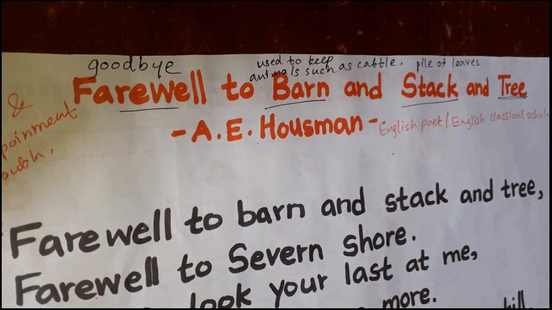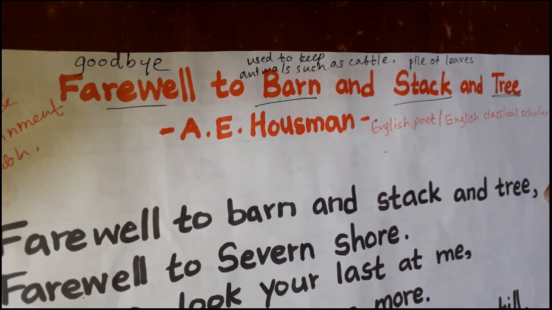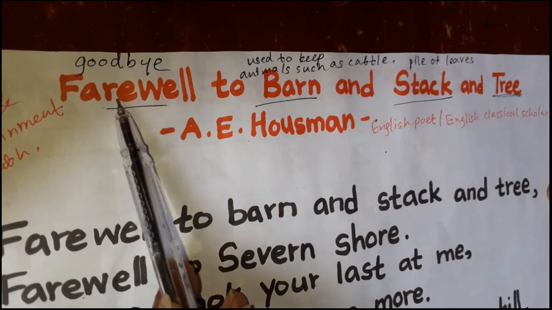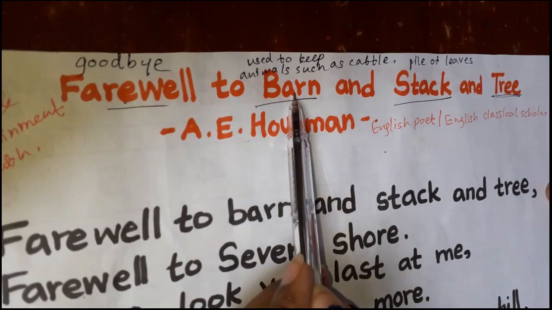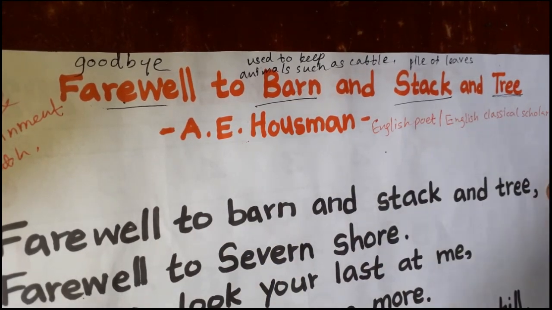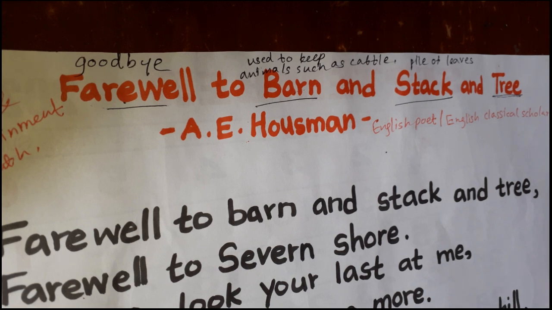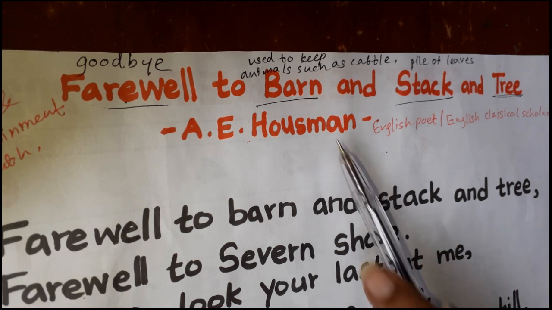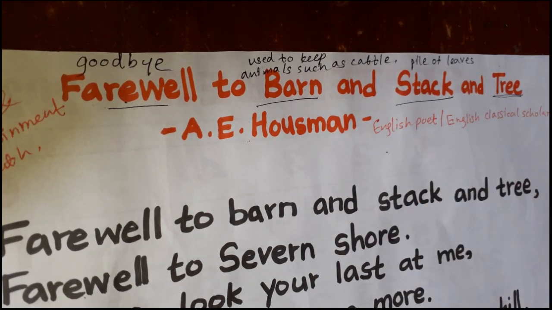You can see here the narrator in the poem telling goodbye to barn, stack and tree. This sounds absurd at once, because normally we say goodbye to living things, living people, living creatures. But here the narrator is telling goodbye to three non-living things. So it sounds somewhat absurd and strange.